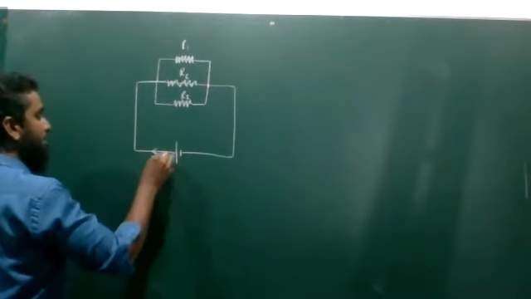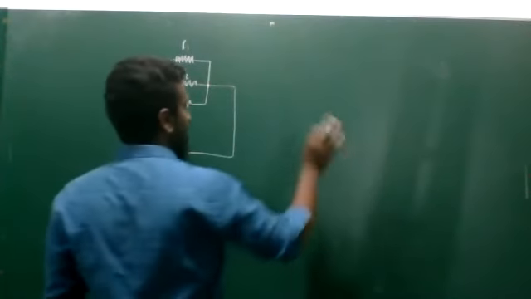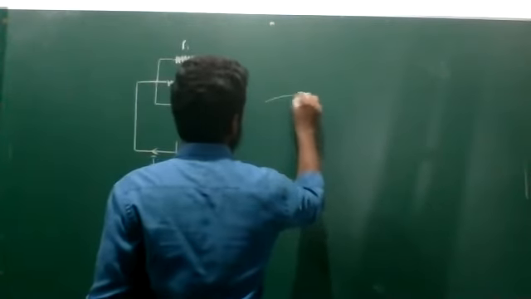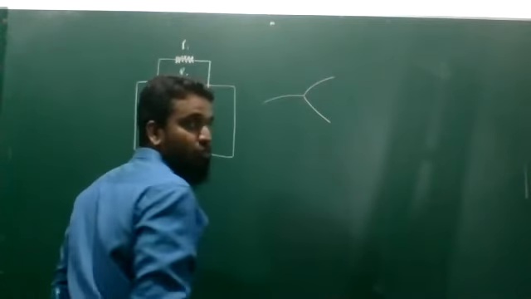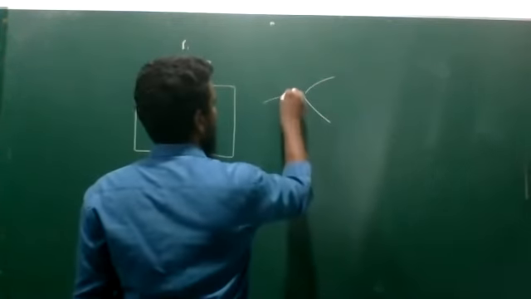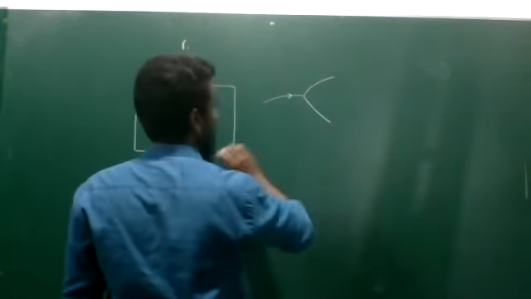Right? Now I am saying a current of I is going to flow through this. I want to explain another law which is known as Kirchhoff's law.